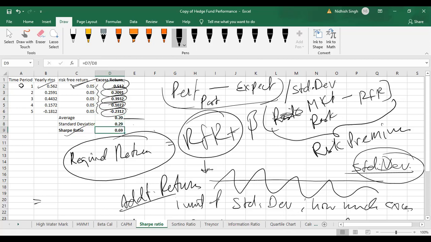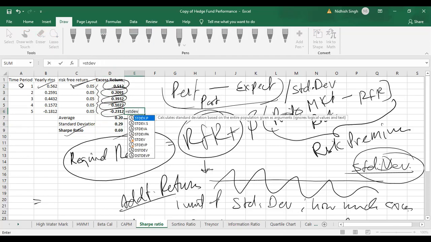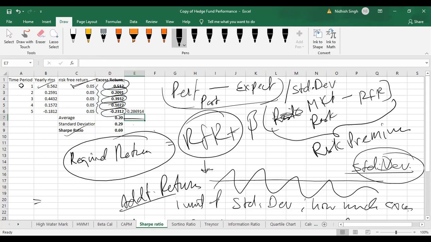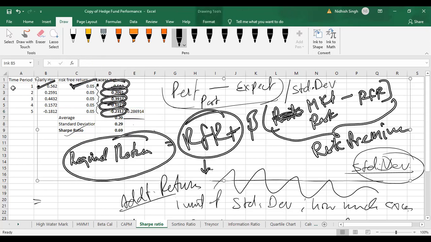How did you come to know this 0.29 figure? That is the standard deviation of this entire portfolio. So this is the portfolio. Just take STDEV. You got it? Got it. And what is the formula exactly? It is just the standard deviation, just equal standard deviation and all the 5 numbers.